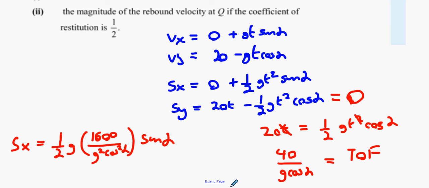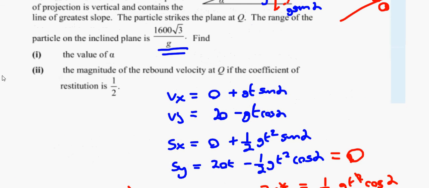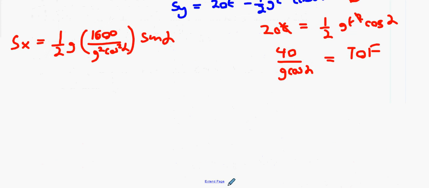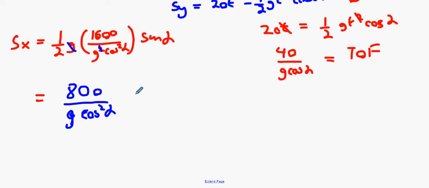Okay. And what does it say that equals? Yeah, 1,600 root 3 over g. Alright. I wonder if we can do something with this. The g's cancel. Everybody cool with that? G cancels with g. A half of 1,600 is 800. So 800 over g cos squared alpha sine alpha.